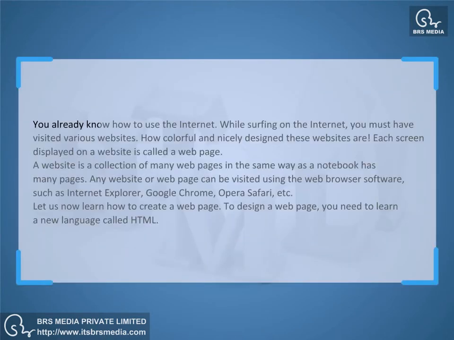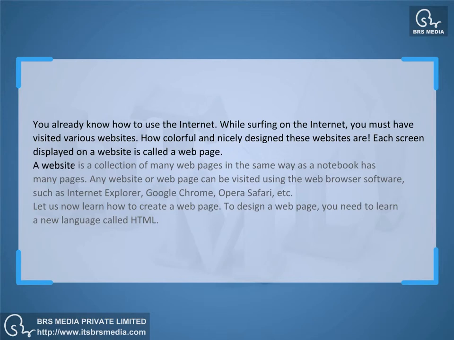You already know how to use the Internet. While surfing on the Internet, you must have visited various websites. How colorful and nicely designed these websites are! Each screen displayed on a website is called a web page.